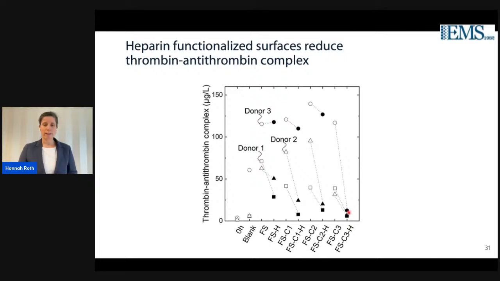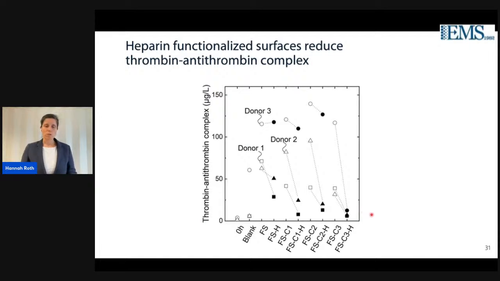So we have created with this a very good anti-coagulant heparinized surface that reduces the coagulation.